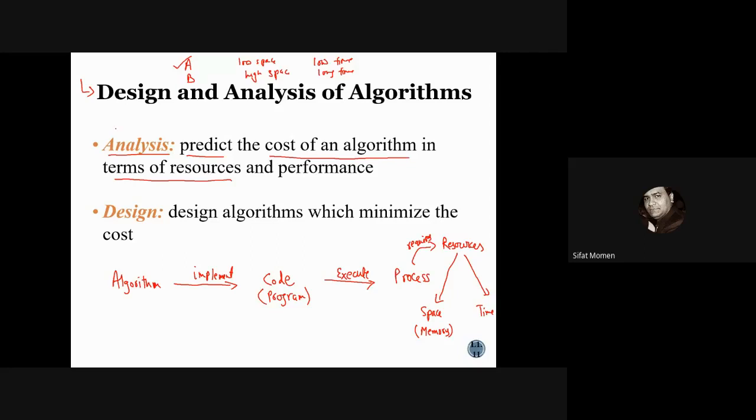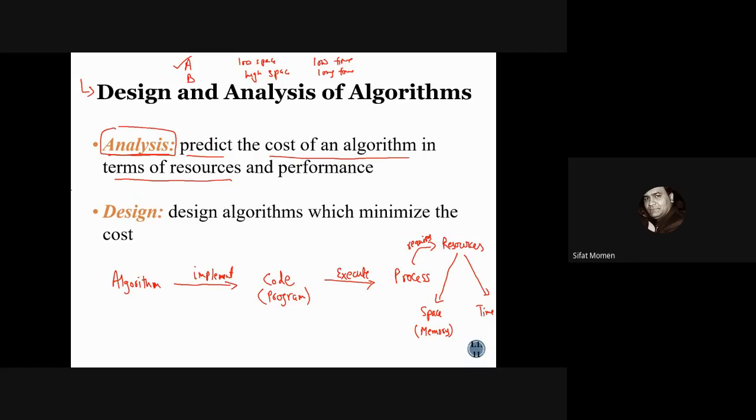So analyzing an algorithm allows you to understand what kind of resources this particular algorithm is using. So we predict the cost of an algorithm in terms of the resources during the analysis phase.